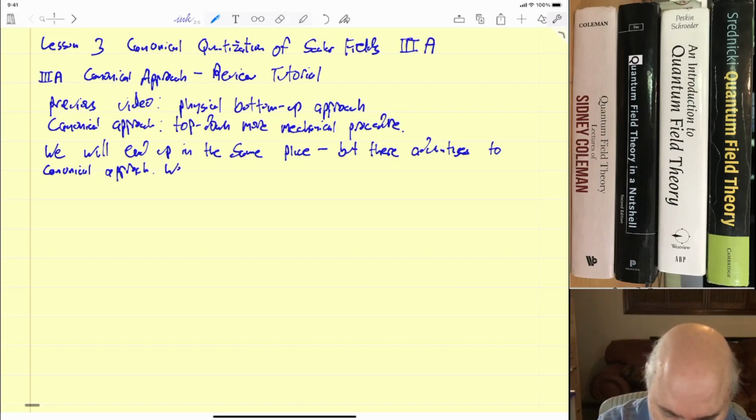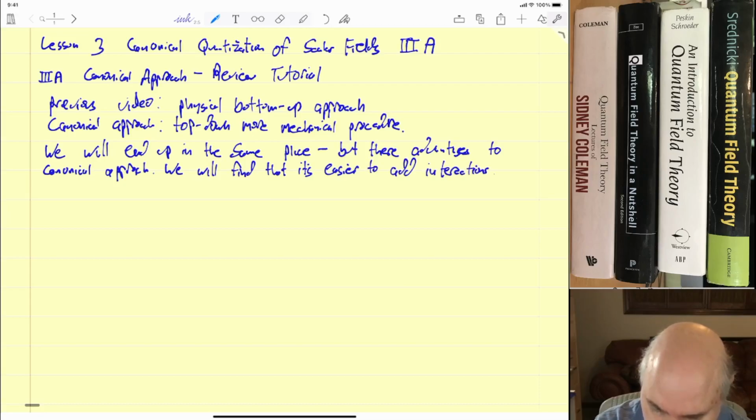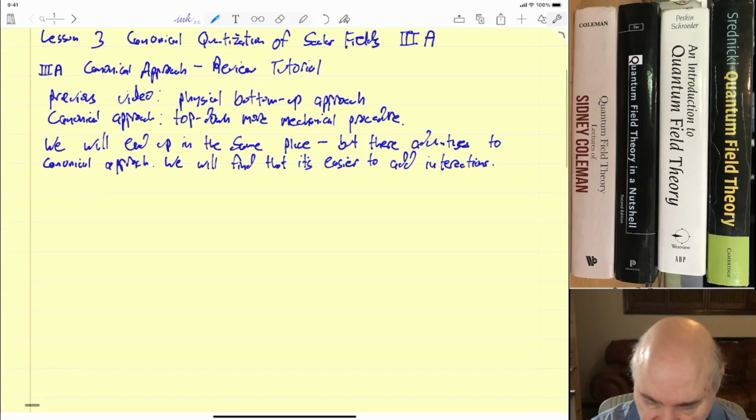We will find that it's easier to add interactions. Now, we're a long way from adding interactions, but eventually we're going to want to add interactions, and so we'll find the canonical approach is the way to go.